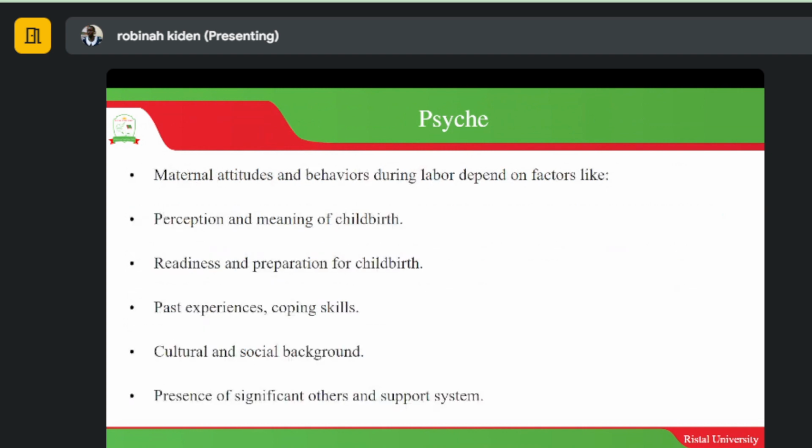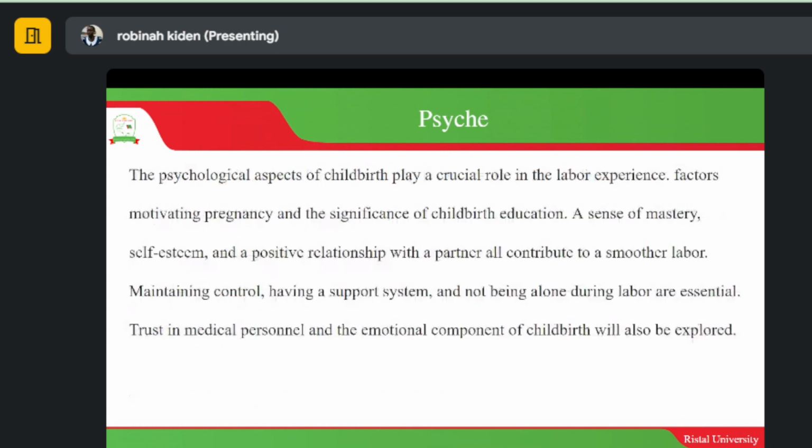So, the maternal attitude and behavior during labor depends on many factors, and these factors include perception and meaning of childbirth, the readiness and preparation for childbirth, past experiences, coping skills, then cultural and social background, and presence of significant others and support, those who are giving her hands during this time.